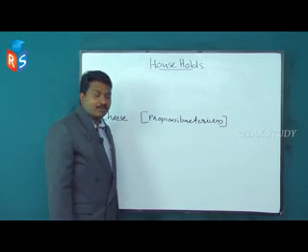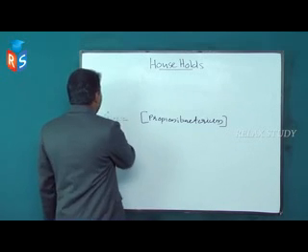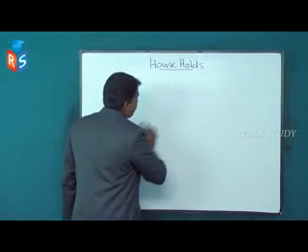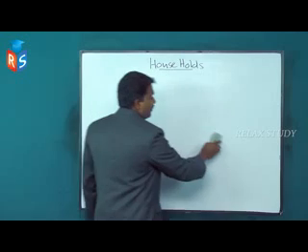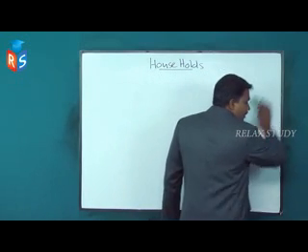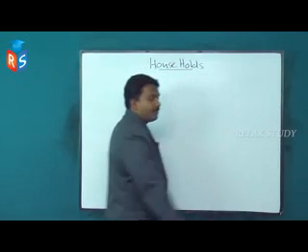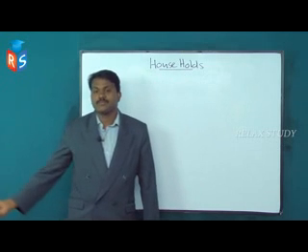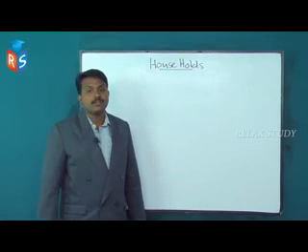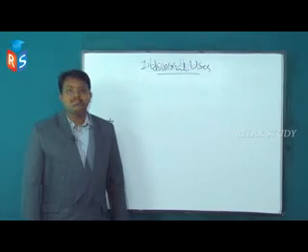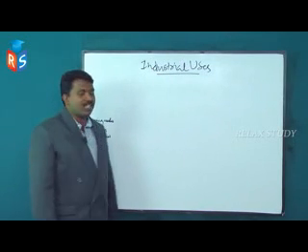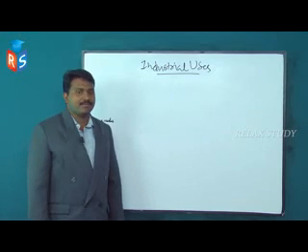Propionibacteria are very useful in the production of cheese. Anyway, these are the important microbes acting in household activities. Let us discuss the industrial uses of microbes.